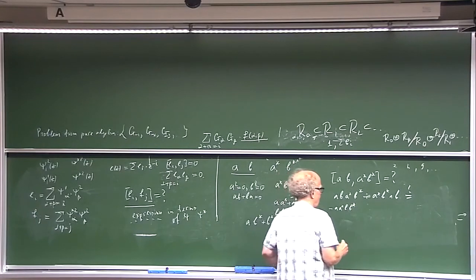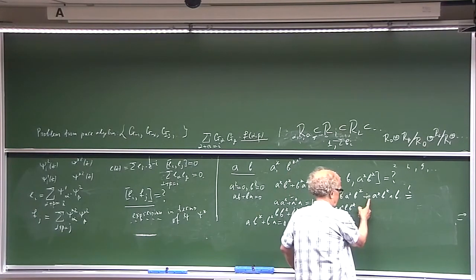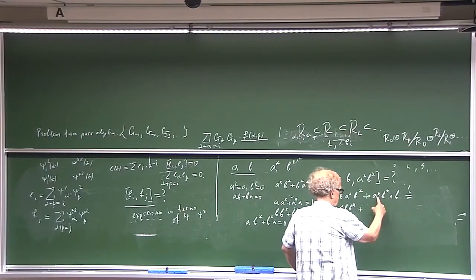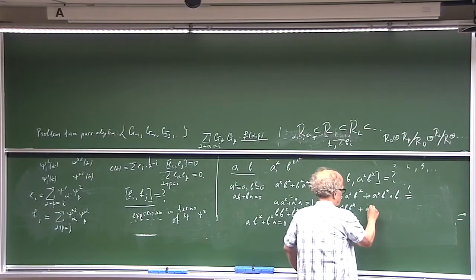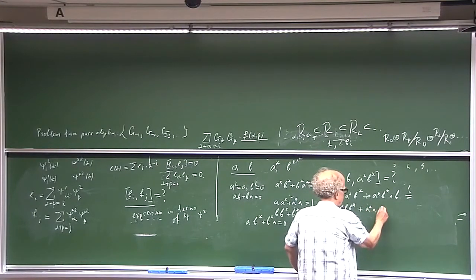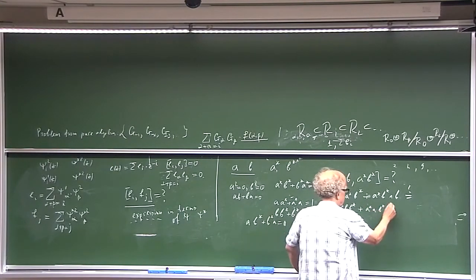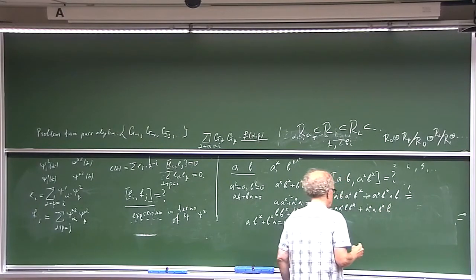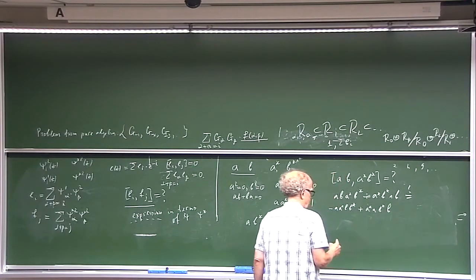Yes, and now what we have here, then first I can move this here. It will be A star, A, B star, B. After that, what I can do?